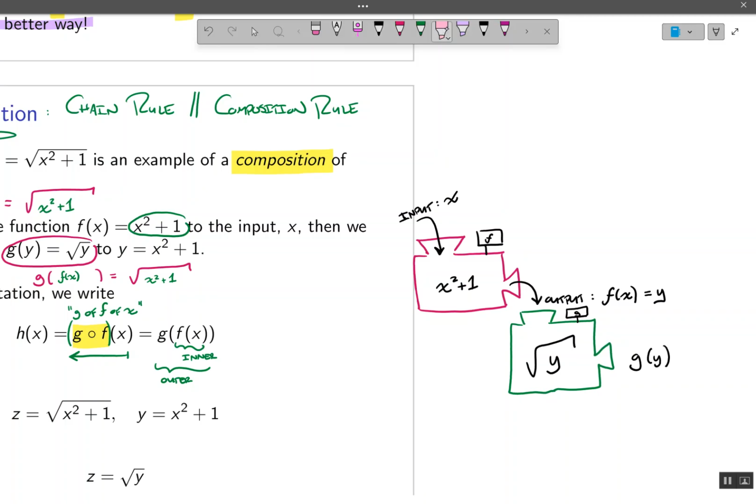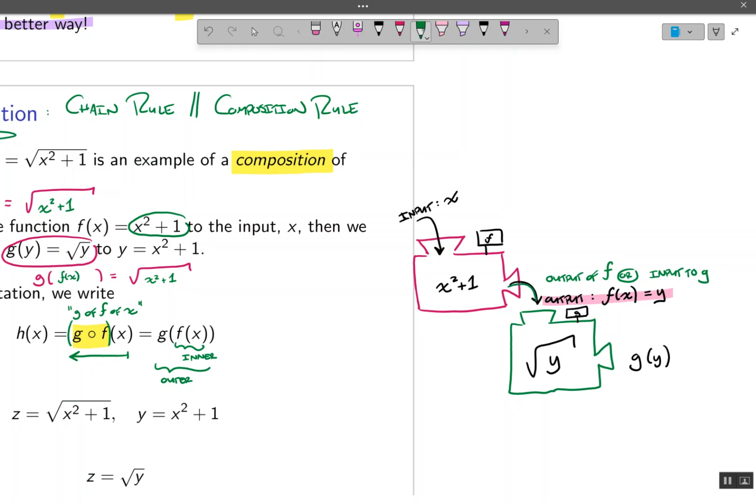So what I want to pay attention to is right here. Let's be a little bit more careful about that line. This thing could be called the output of f, or it could be the input to g.